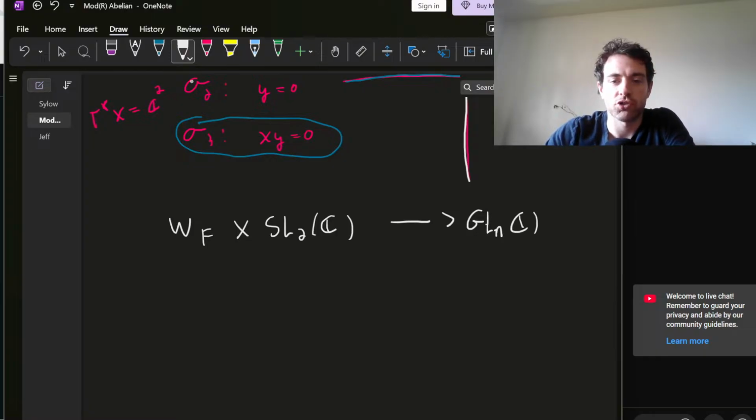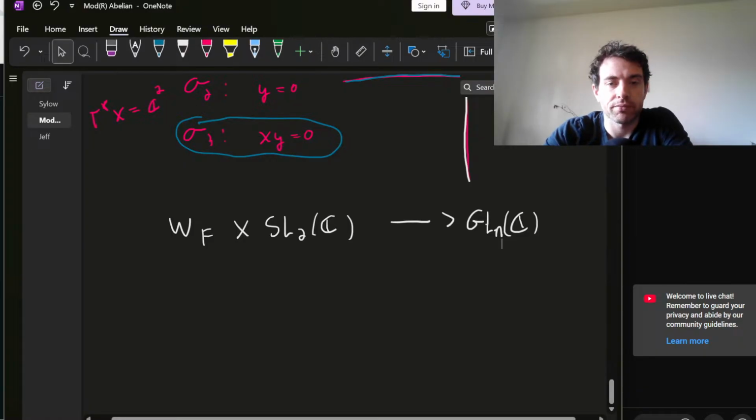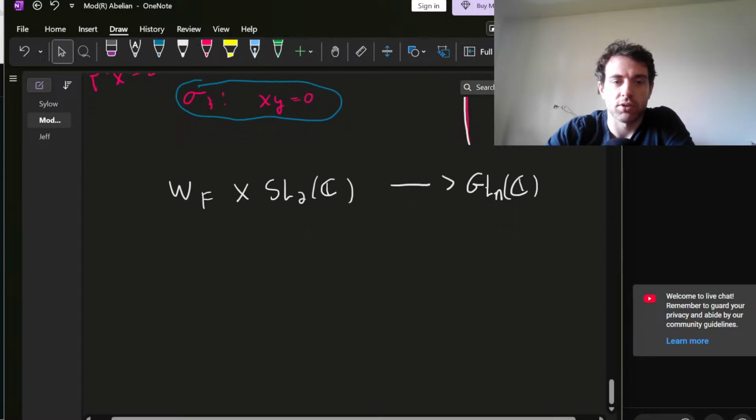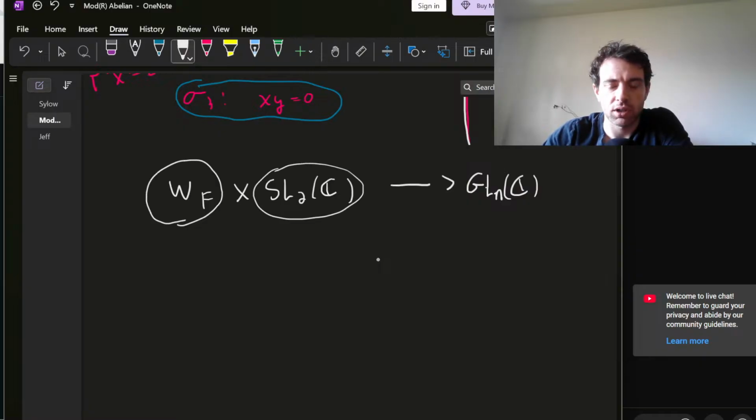So a Langlands parameter for GL_N is a homomorphism from the Weil group cross SL2(C) into GL_N(C), right? Subject to some other conditions. But we sort of talked about exactly how all the Langlands parameters for GL_N get constructed. Basically, this part comes from Galois representations, and then this is a choice of a nilpotent element in the Lie algebra here.